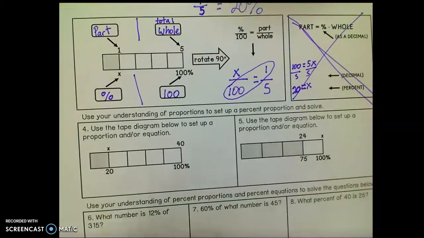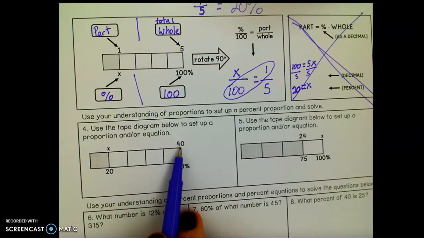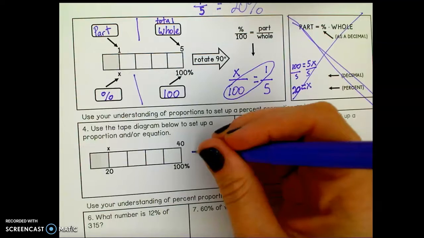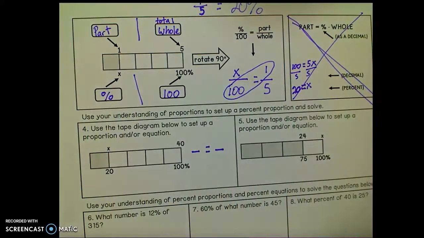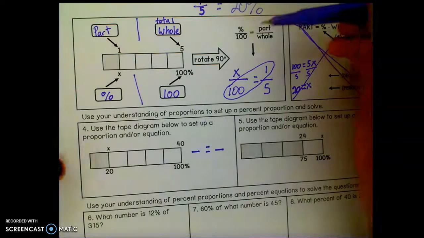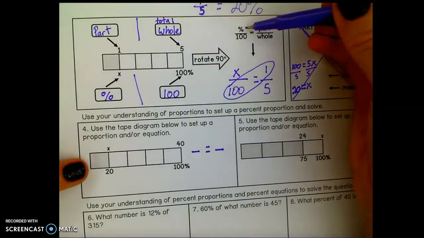Okay? If we look at this one right here, the piece that we don't know is what part this is. We know the percentage. We know that the total is 40, and that's 100%. Okay, let's set this up. 2 equal fractions. Okay? And we're going to be using, so the percentage, do we know the percentage?